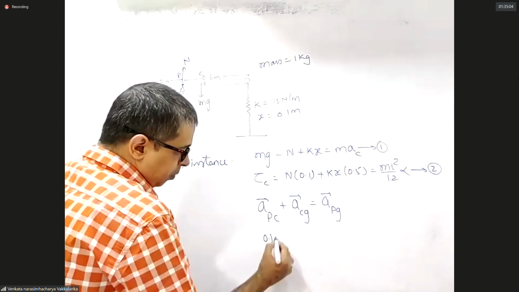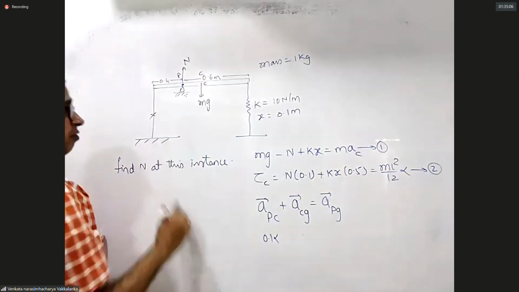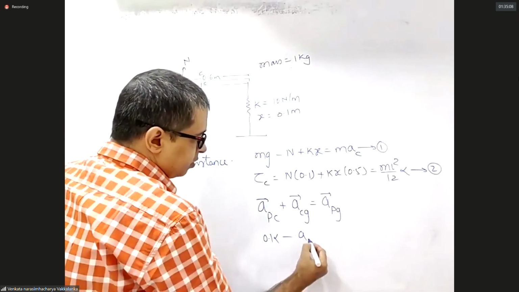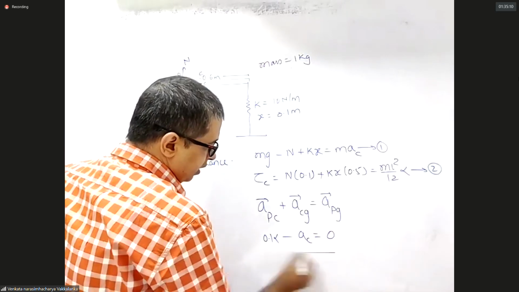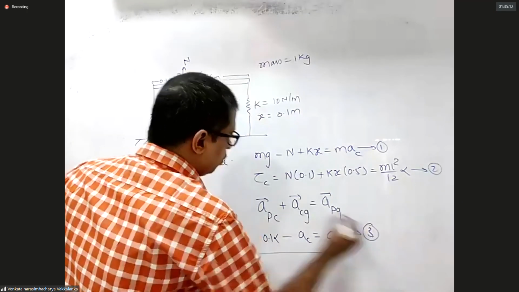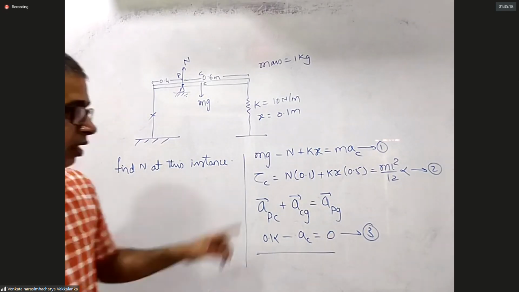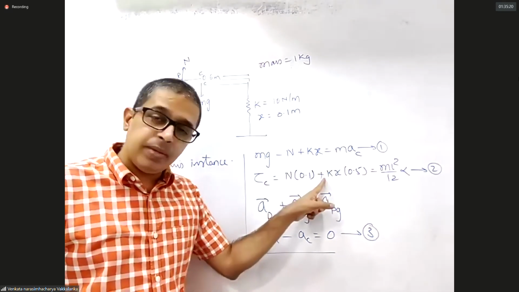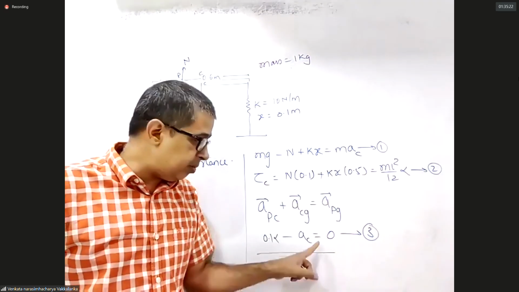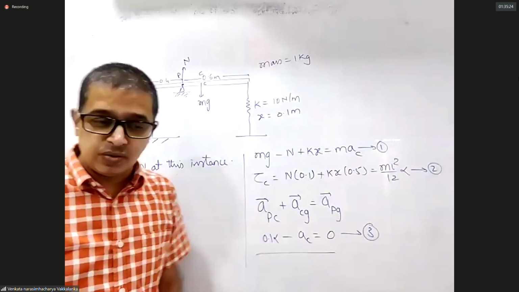This is 0.1 alpha in the upward direction minus AC in the downward direction should be 0. Three equations and three variables. You see how frequently this system is following us: translational dynamic equation, rotational dynamic equation, and constraint relations.